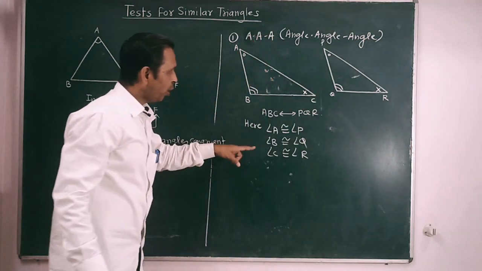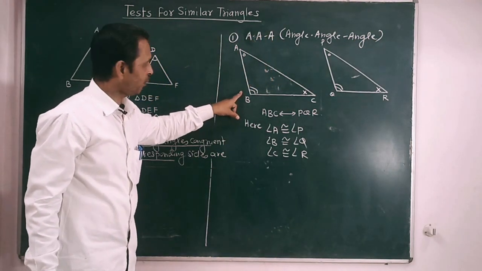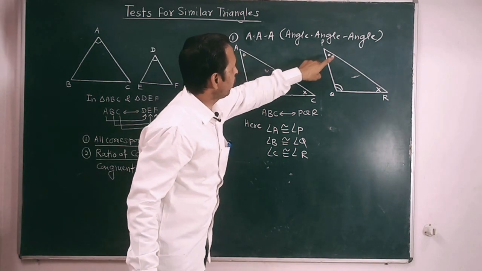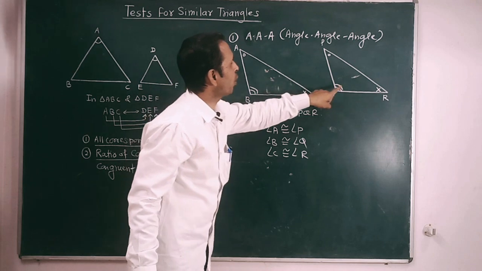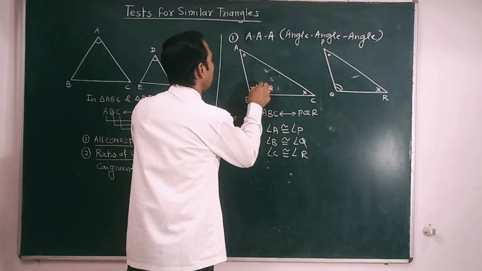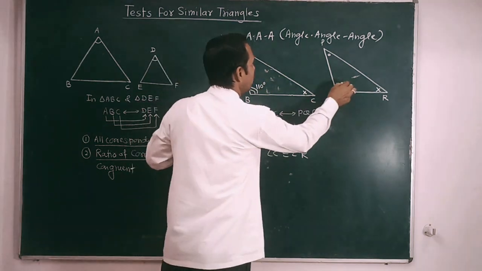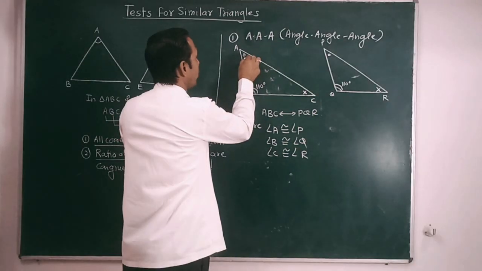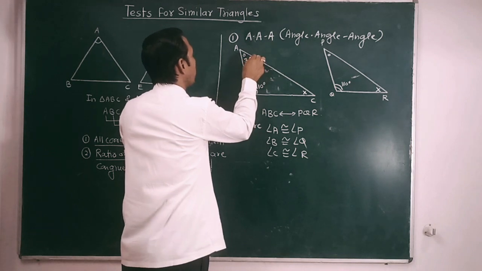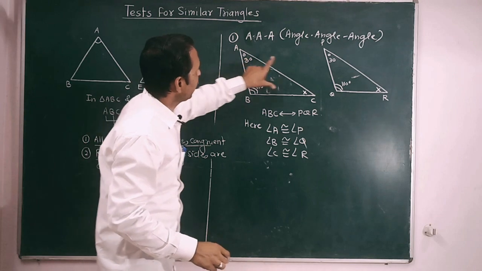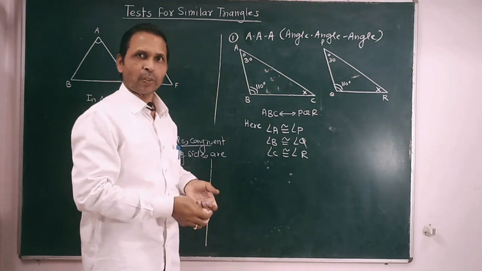But again we observe that in this diagram angle A is congruent with angle P and angle B is congruent with angle Q. Suppose this angle is 110 degrees, this angle is also 110 degrees, and this angle is 30 degrees, and this angle is also 30 degrees. These two corresponding angles are congruent here.